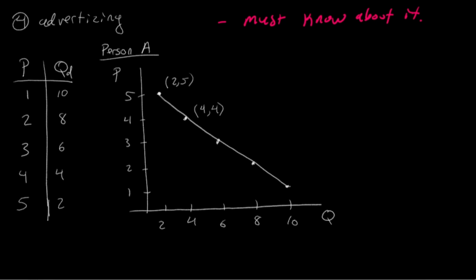In order to plot this demand curve, we can use point slope form. Just a reminder, y equals mx plus b, where m is the slope.